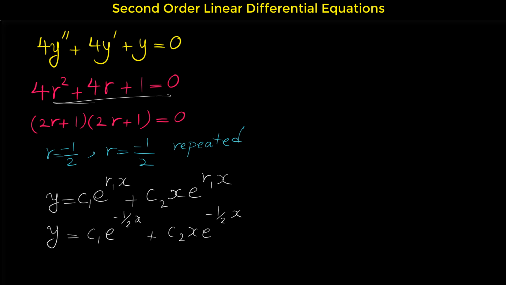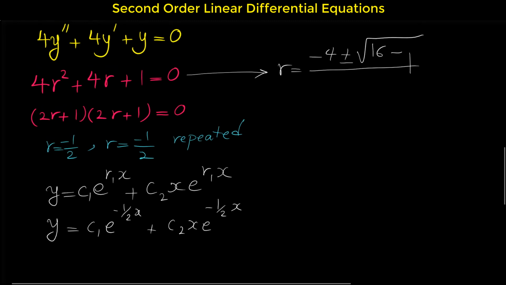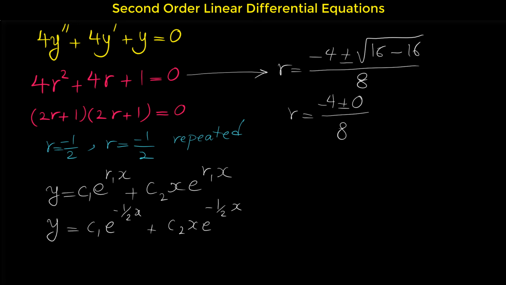Another way that you can find r, if you prefer to use the quadratic formula, is from the quadratic formula. r equals negative 4 plus or minus the square root of b squared, 16, minus 4ac, which is again 16, over 2a, which is 2 times 4, 8. 16 minus 16 is 0, so r equals negative 4 plus or minus 0 over 8.